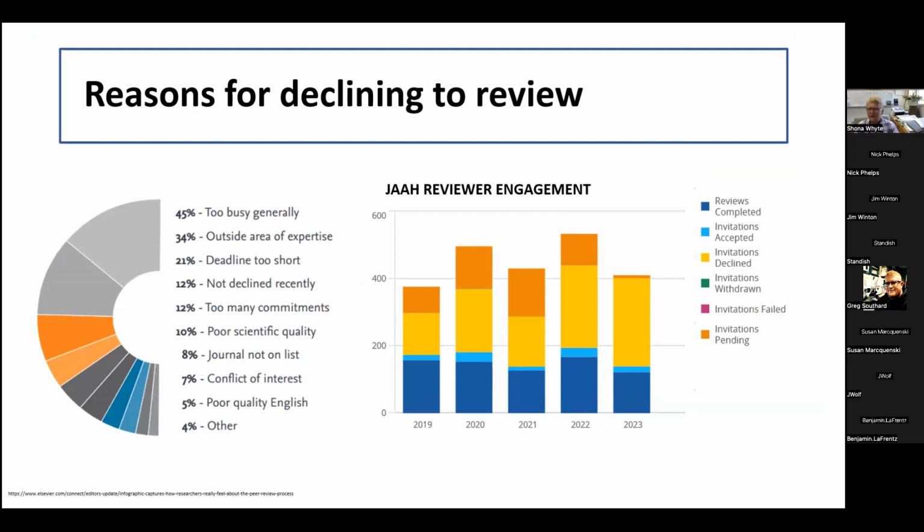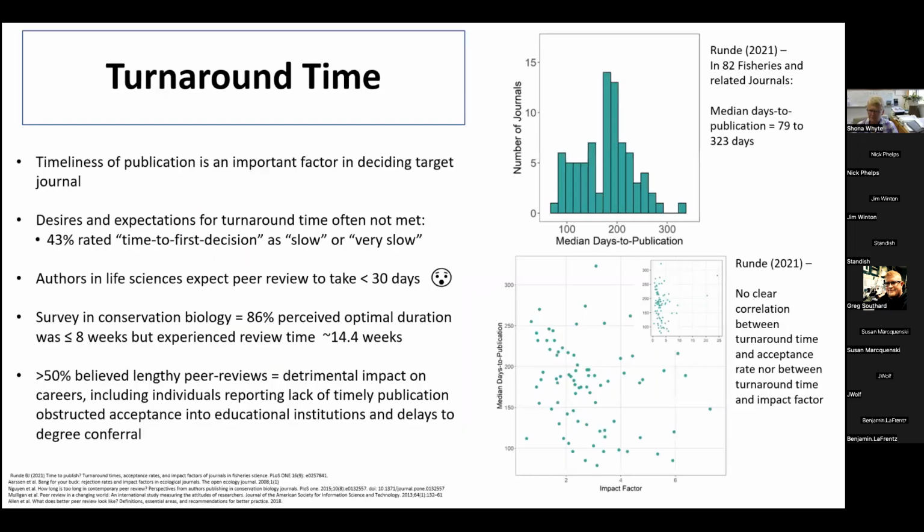And you can see here, I put in the Journal of Aquatic Animal Health reviewer engagement, and you can see the yellow there, the number of invitations declined versus the number of invitations accepted and reviews completed. It's almost more than 50%, more than half of the numbers.